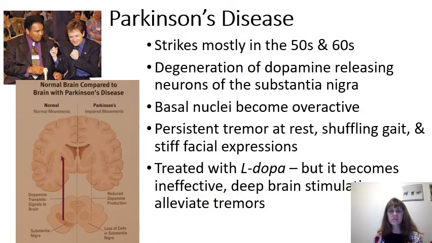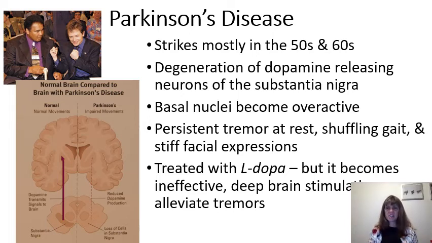Parkinson's disease generally affects people who are in their 50s or 60s. In the case of a certain actor, Michael J. Fox, it affected him at a much earlier age, which is very unusual. With Parkinson's disease, there is a degeneration of neurons that produce and release dopamine. These neurons are part of an area of gray matter known as the substantia nigra.